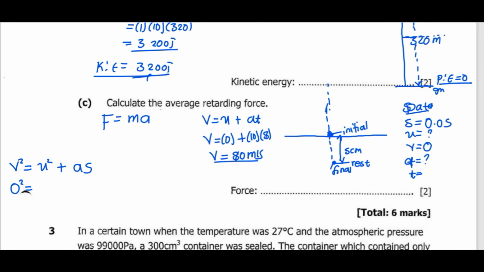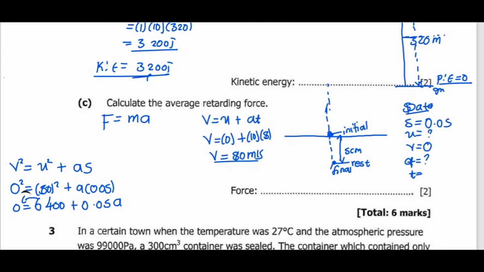Then here this will be 80 squared plus 2 times the acceleration, which is what we are solving for. Then the displacement is 0.05. So 80 squared, we have 6,400 plus 0.05.